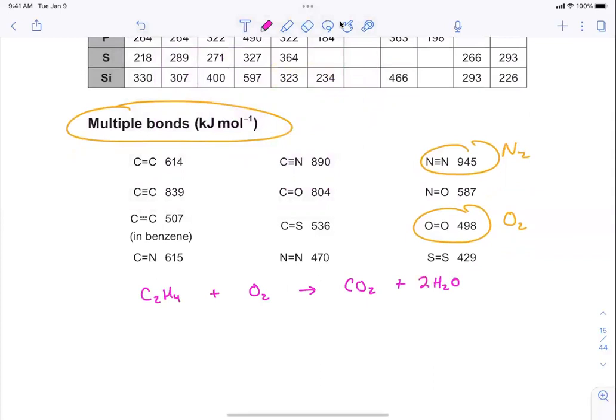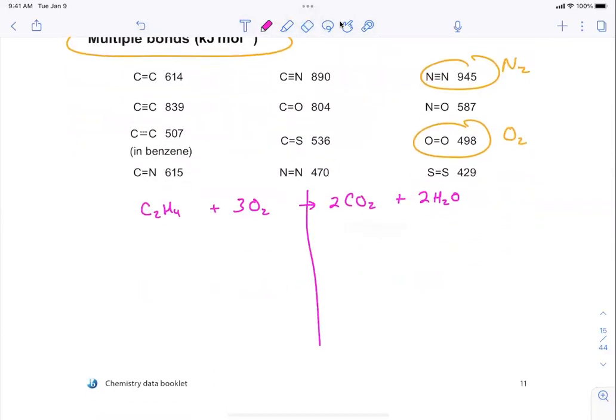Students start saying, well, there's C double bond O, so there's 2 of them. There's OH bond, there's 2 of them, but there's not really, there's 4. Because each molecule has 2, so your coefficient is actually twice as many as that.